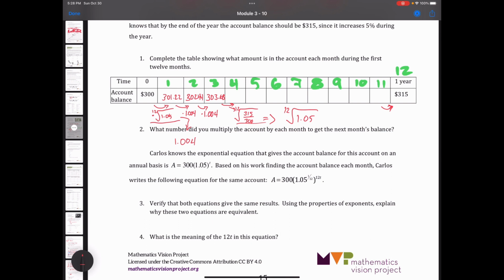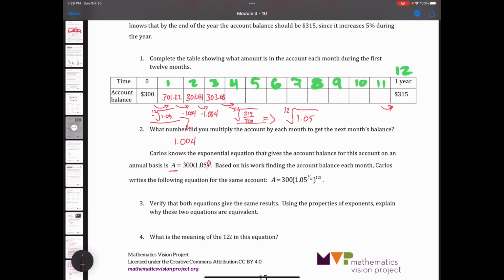So Carlos knows the exponential equation that gives the account balance for this account on an annual basis: A, the annual amount, is equal to 300 times 1.05 to the t power. Based on his work, that t is the number of years.